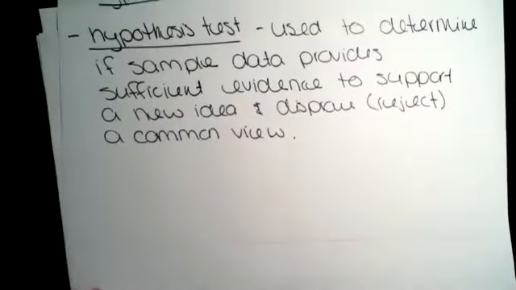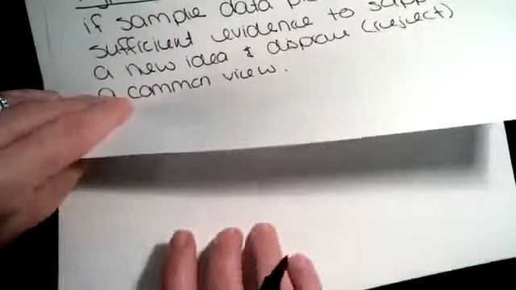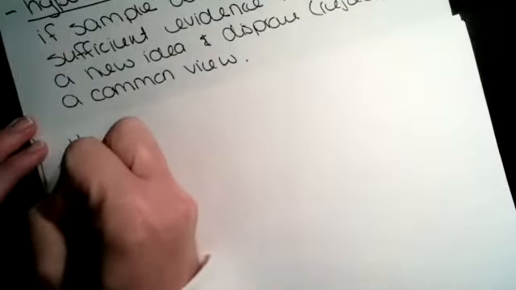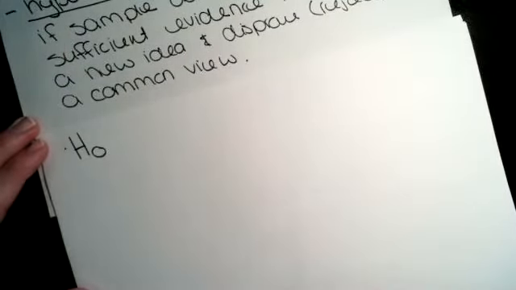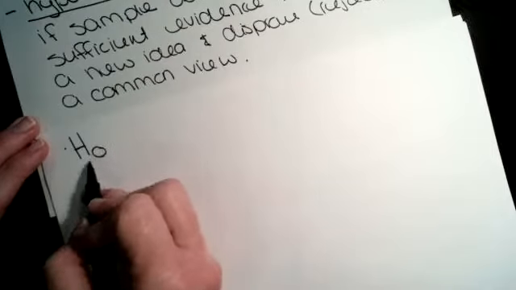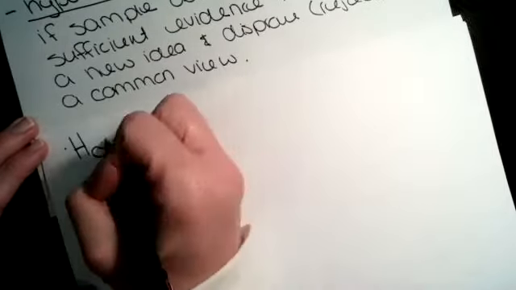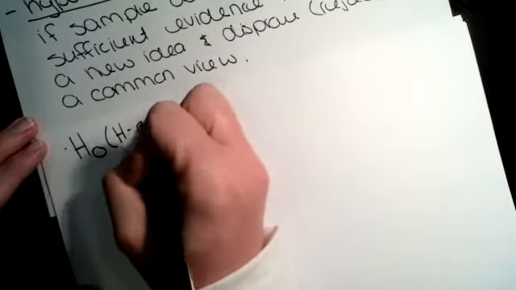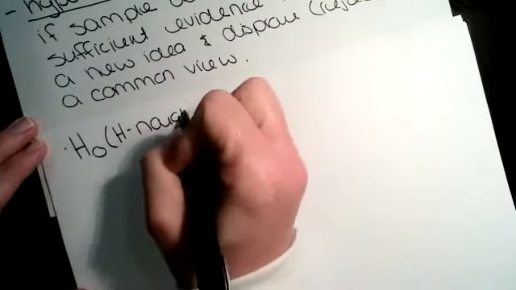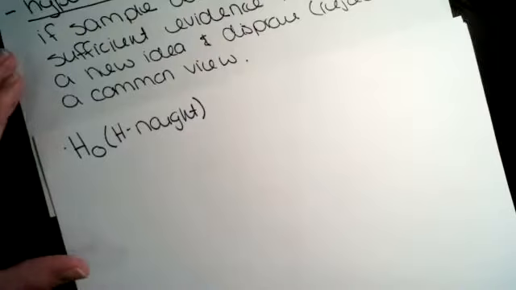We're just not going to get to that today. So what I want to introduce to you is new notation, which is H naught. So it's H with a little subscript O or 0. So I'm going to write what that is. So we know how to say it, H naught.